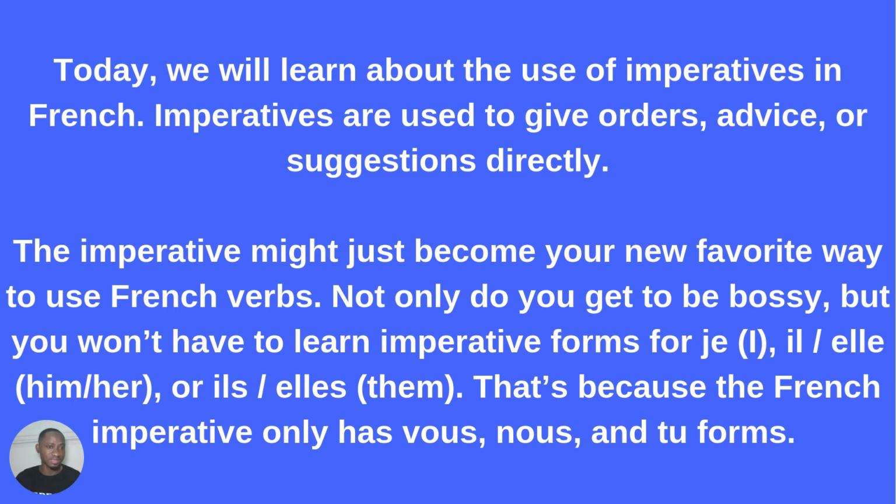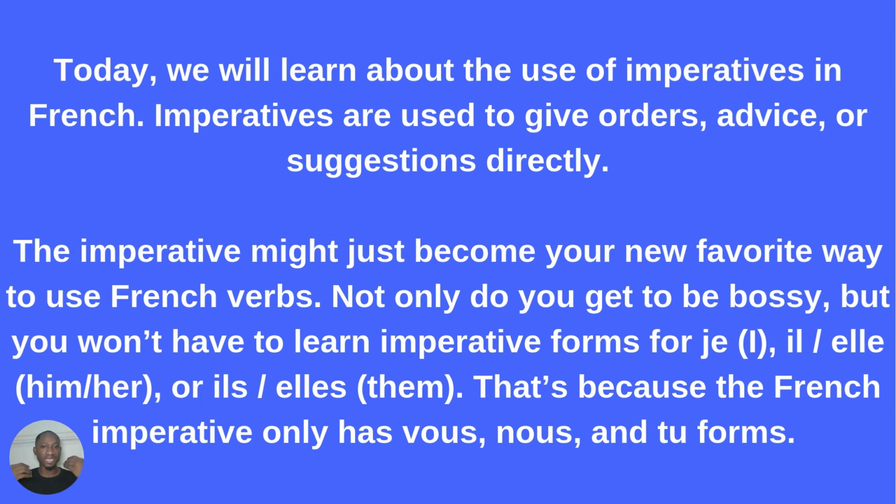This is an entire sentence, and we can learn how to say these sentences in French as well. We can also learn how to say give me, give her, stand there, wait for me. Those are all imperatives. So, the imperative might just become your new favorite way to use French verbs.